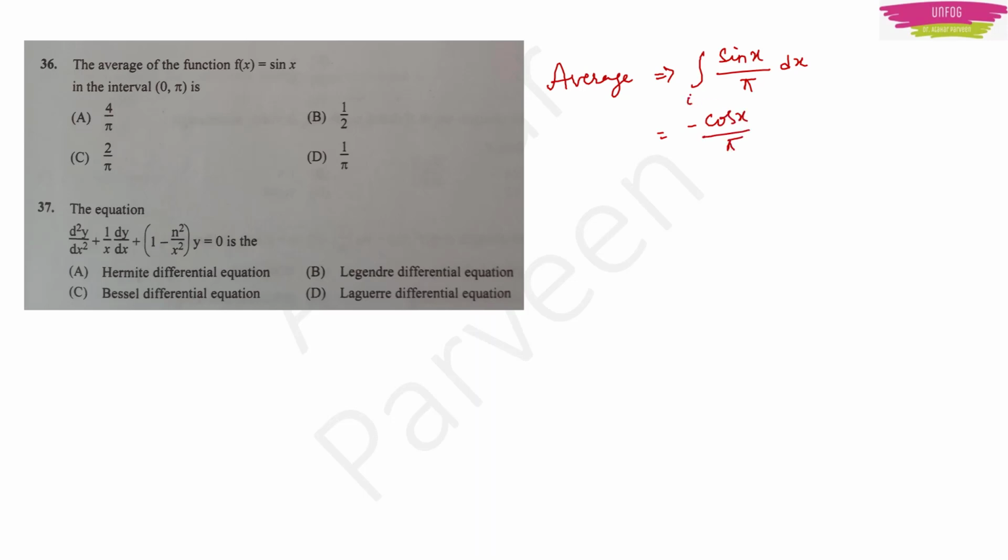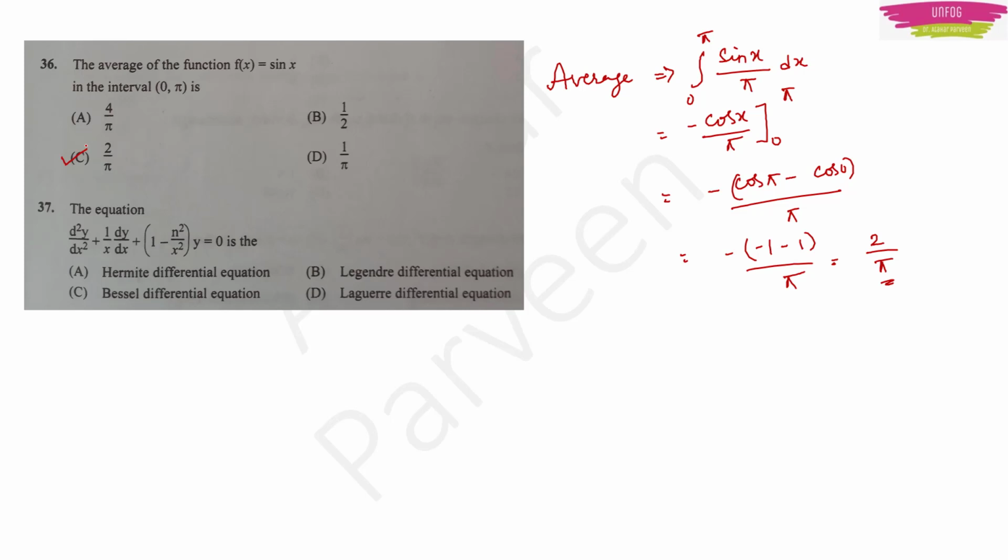The limits are given, 0 to pi. This will be equal to minus cos pi minus cos 0 by pi. Cos pi will be minus 1 and cos 0 will be 1. So this will be minus of minus 2, minus into minus will be plus, 2 by pi, which is the right answer. Option C will be the right answer.